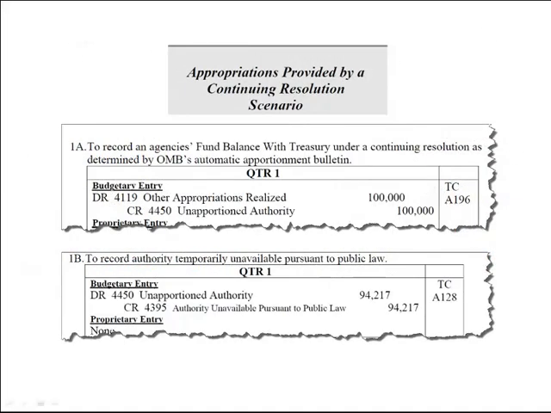The Treasury guidance under a CR scenario tells us to first record the full year appropriation and then reflect the portion not available, all but 21 days in this example, as authority unavailable pursuant to public law.